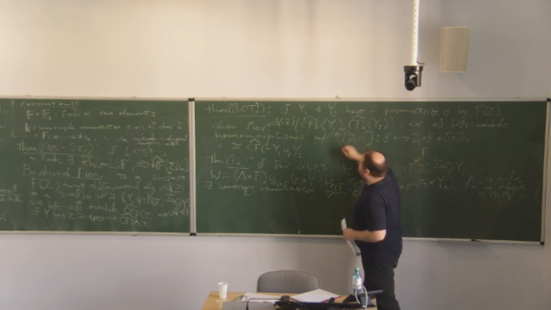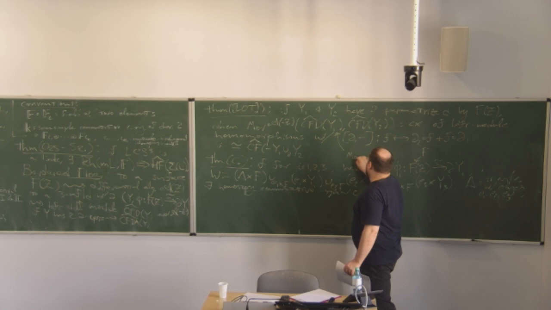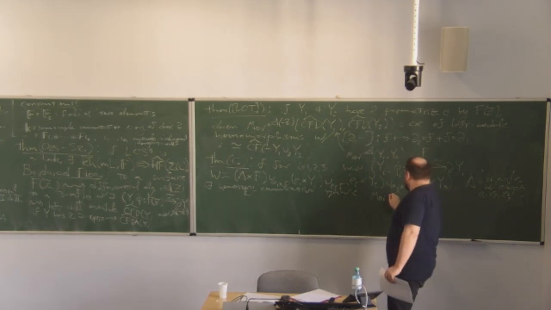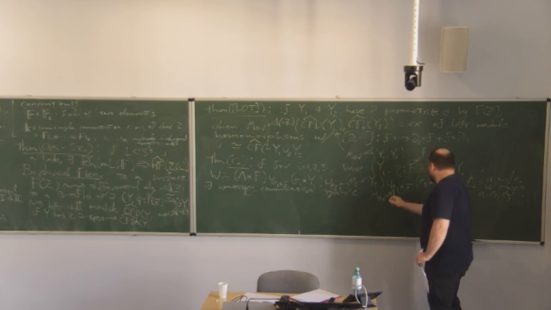With your allowance, I'm going to abbreviate this big morphism space as Mor Y1 to Y2. Otherwise, I absolutely won't have room. I have a homotopy commutative square of the following type.